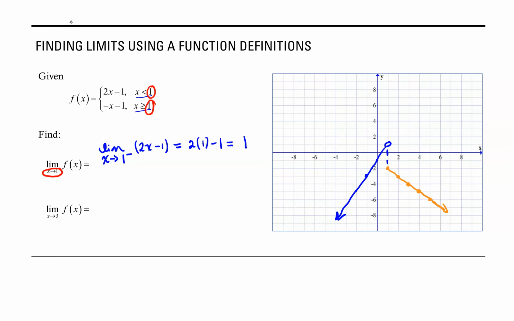And then we need to look at the limit from the right as x approaches 1. From the right, we're looking at values of x that are bigger than 1.